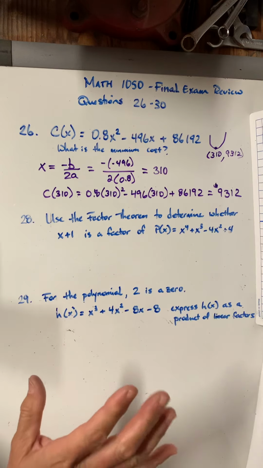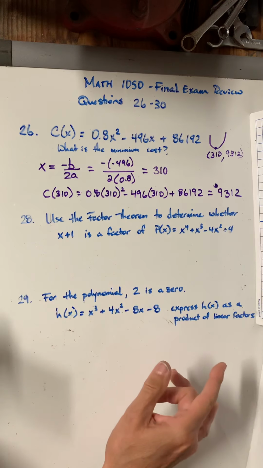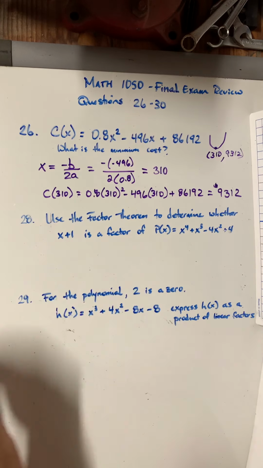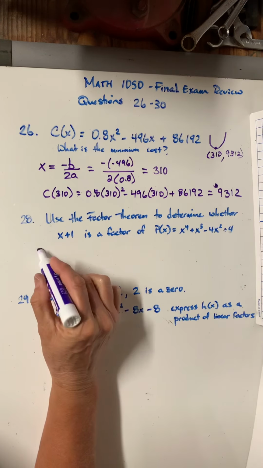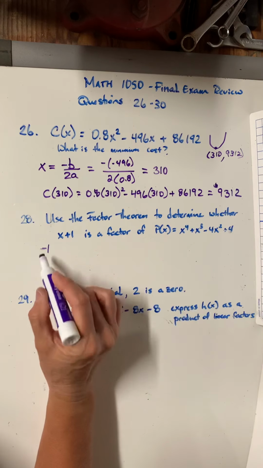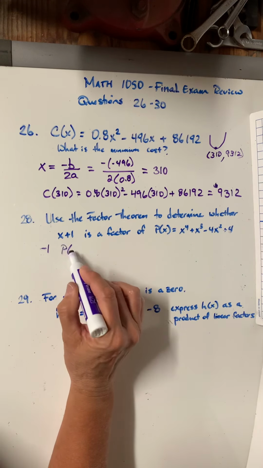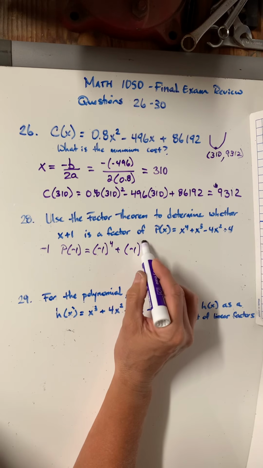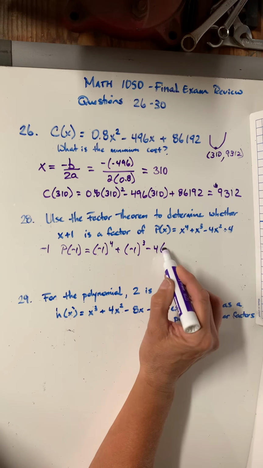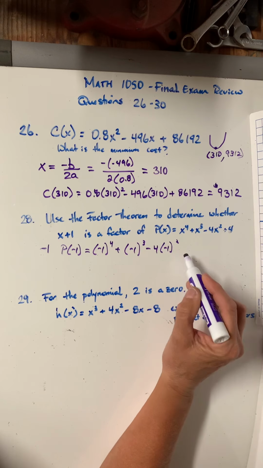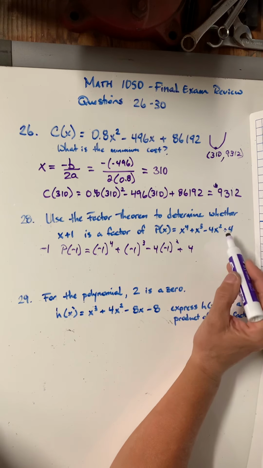There's a difference between calling something a factor and calling it a zero. If this is my factor, then my zero is -1. And what the factor theorem says is I can evaluate that -1 in the function. So I would have -1 to the 4th plus -1 to the 3rd minus 4 times -1 squared plus 4.